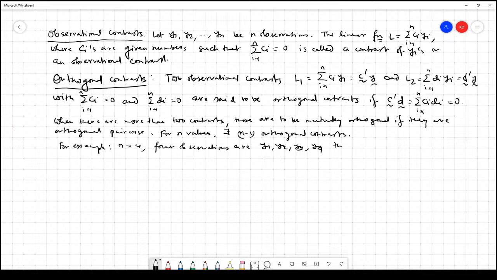Then following are mutually orthogonal contrasts.